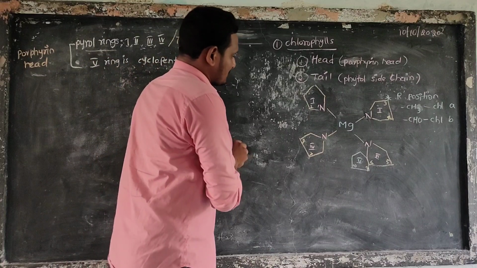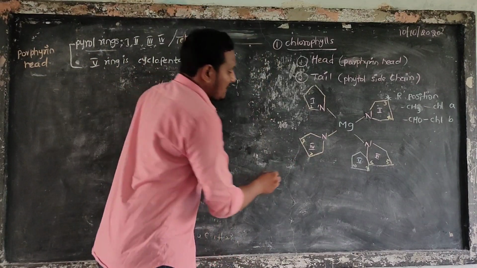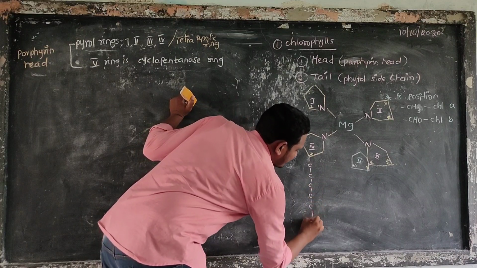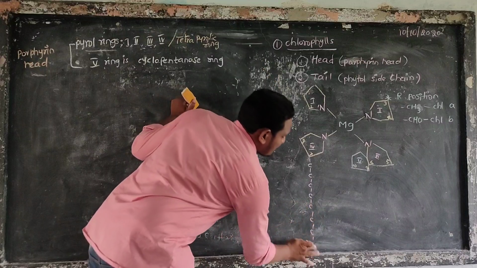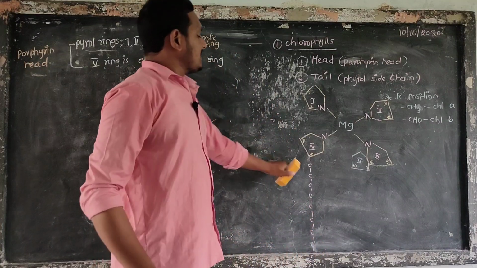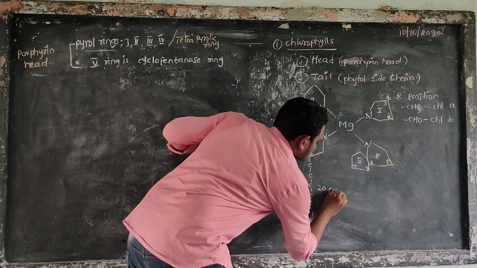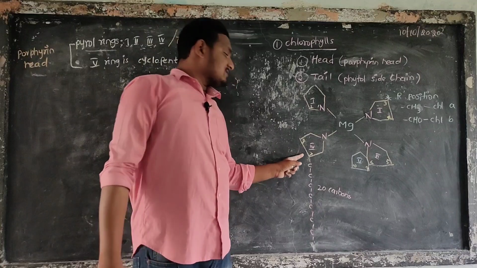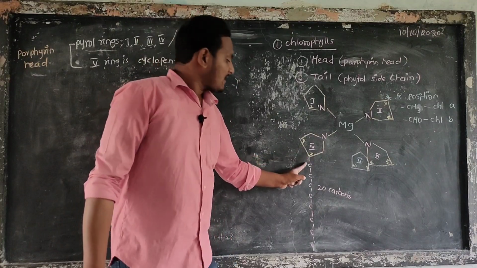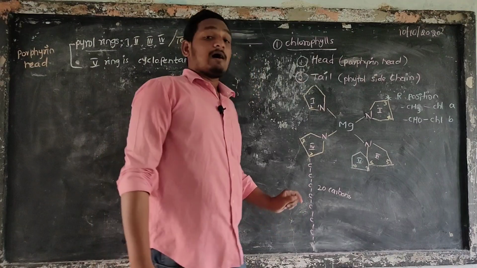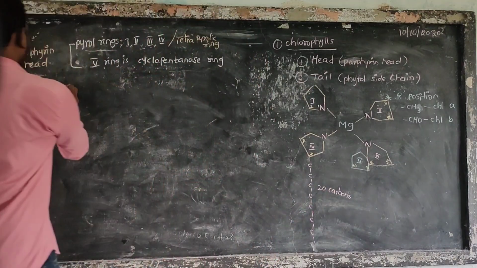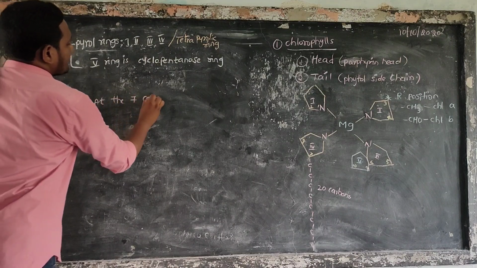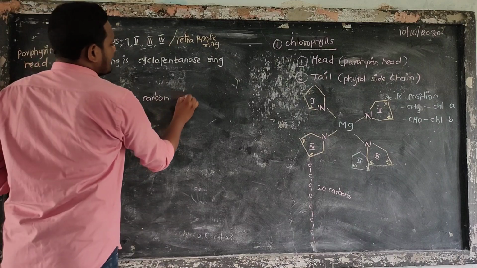Next, at the 7th position, at the place of the 7th carbon, a hydrocarbon chain is attached. It is 20 carbons. 20 hydrocarbons are attached at the place of the 7th carbon.